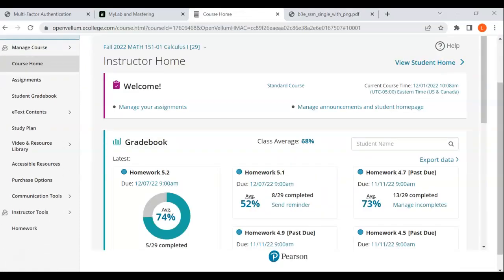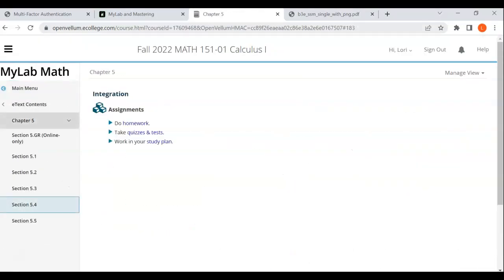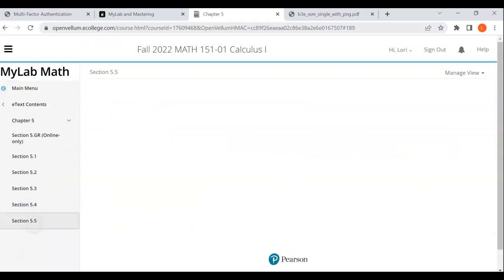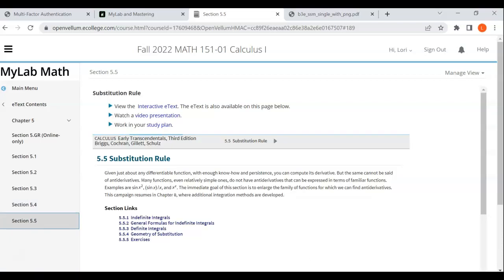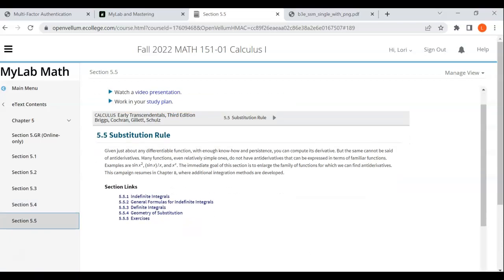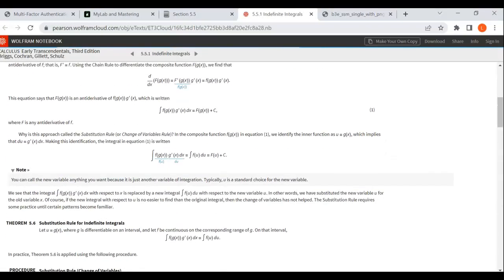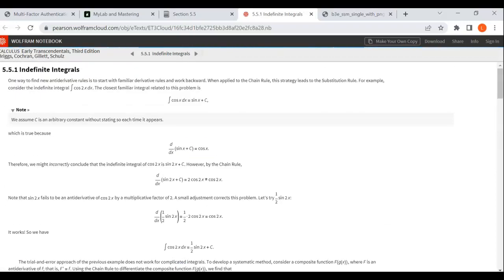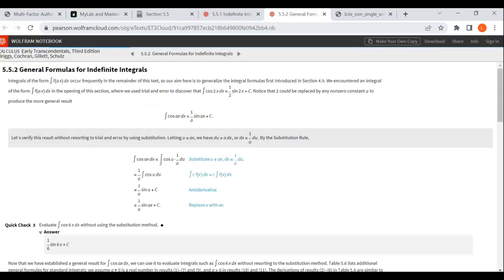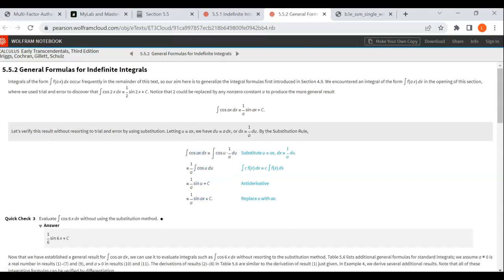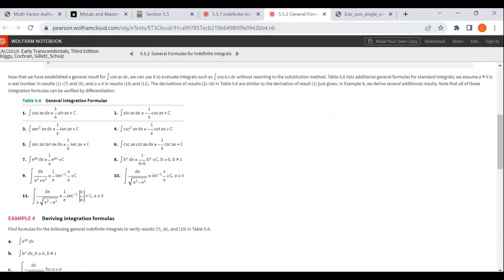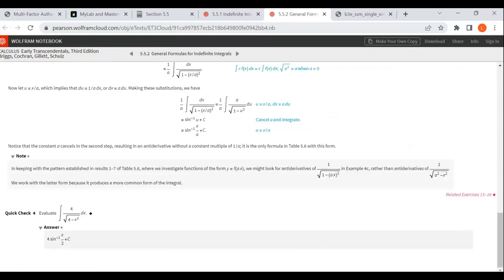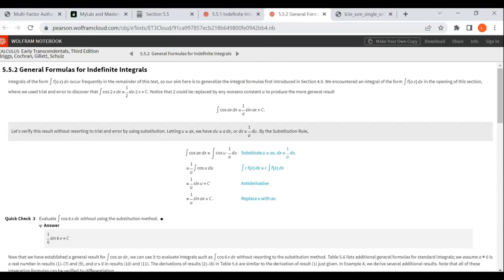Where does it say EText? EText contents, chapter 5. I just go to the end. There we go. There's a way, I always forget it when I'm here. There's a way that it says you want your textbook to look like, hold on.